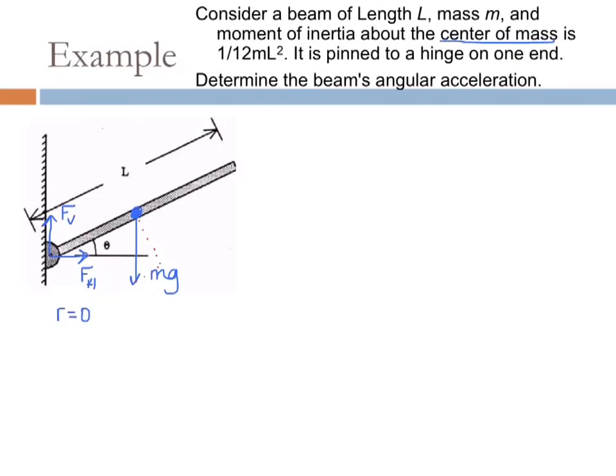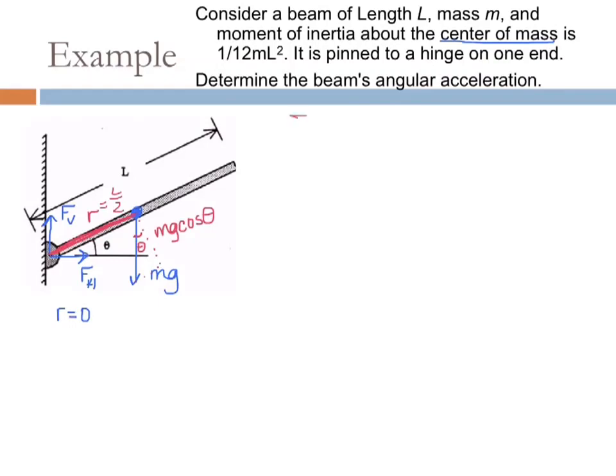And the component that's going to be perpendicular to the lever arm is going to be mg cosine theta. Now this theta right here is the same theta given to us in the problem, so that's convenient. Now this r, the distance away from my axis of rotation, is going to be equal to L divided by 2, the length of the rod divided by 2.